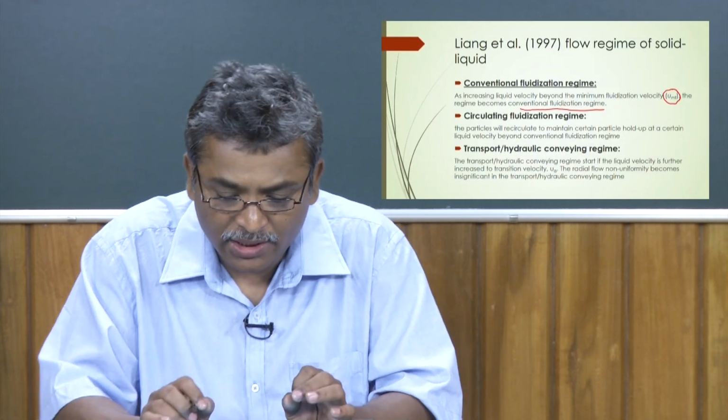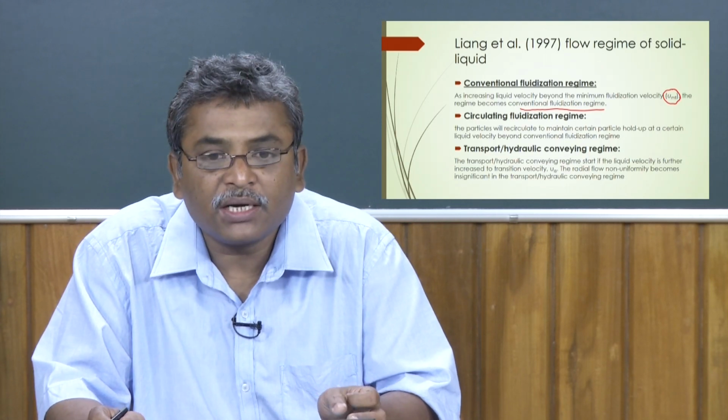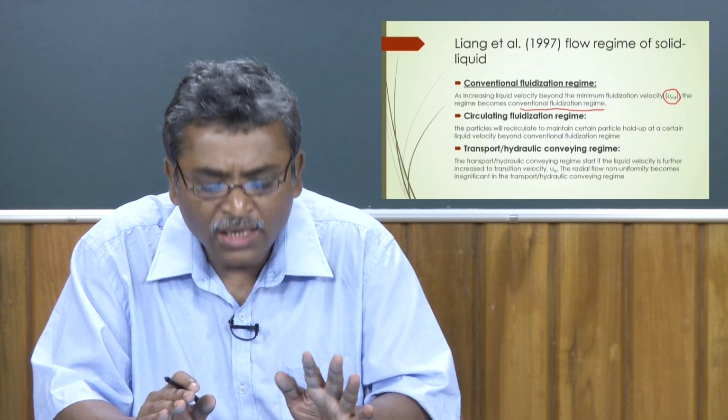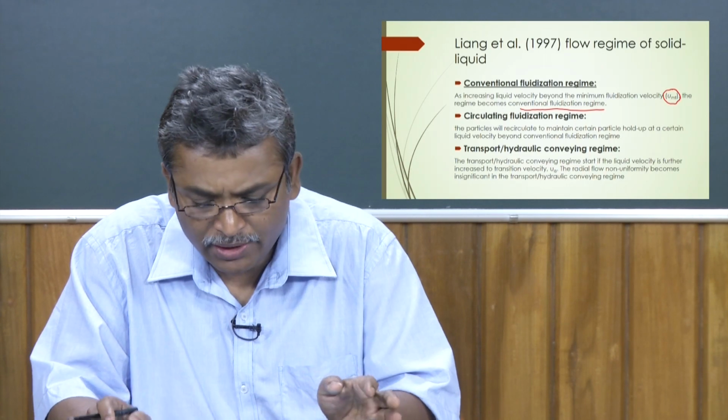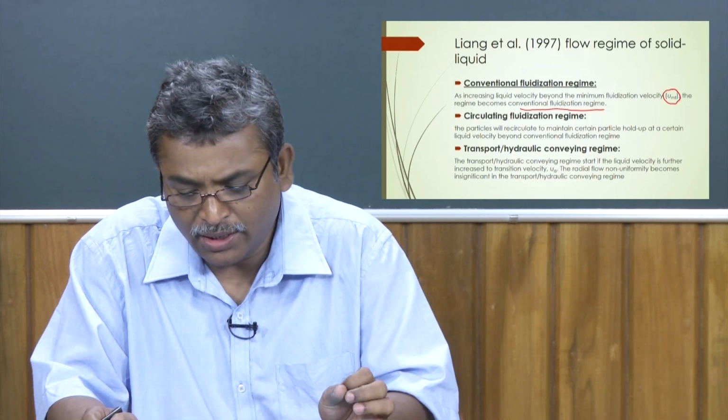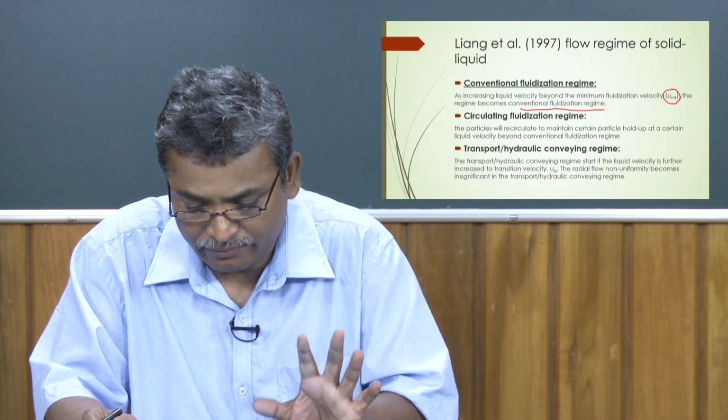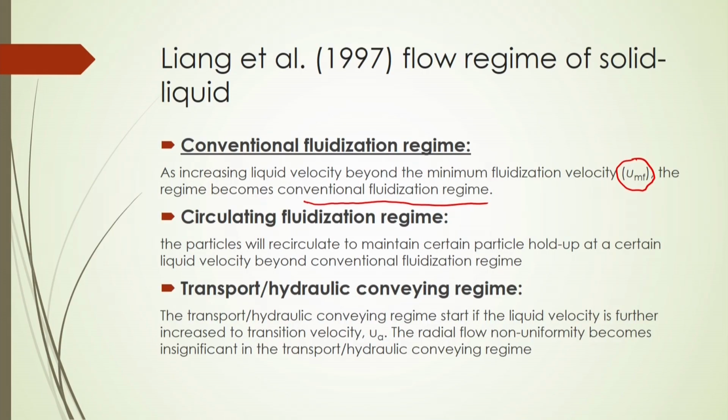Now, in the circulating fluidization regime, particles will recirculate to maintain a particular hold-up at a certain liquid velocity beyond the conventional fluidization regime. The main important point is that the recirculation occurs at a certain particle hold-up inside the bed.